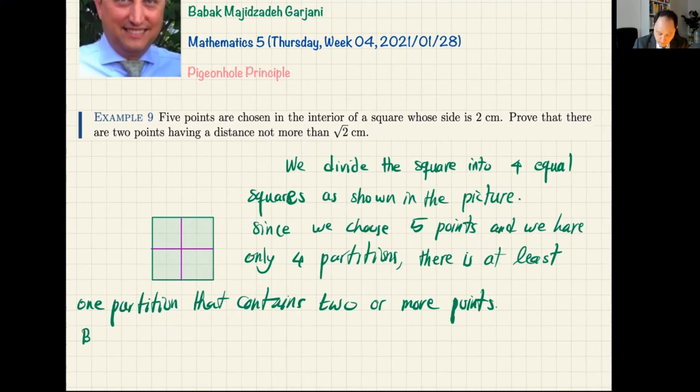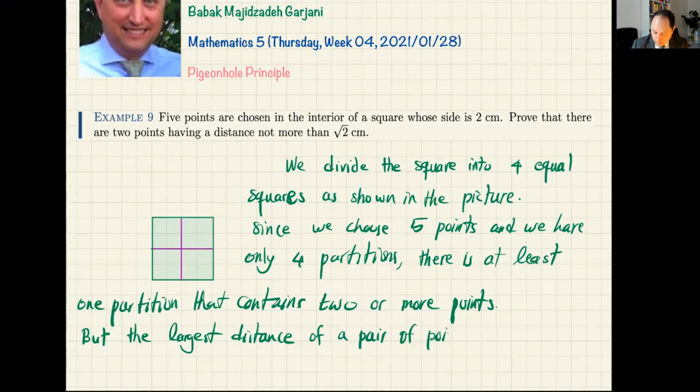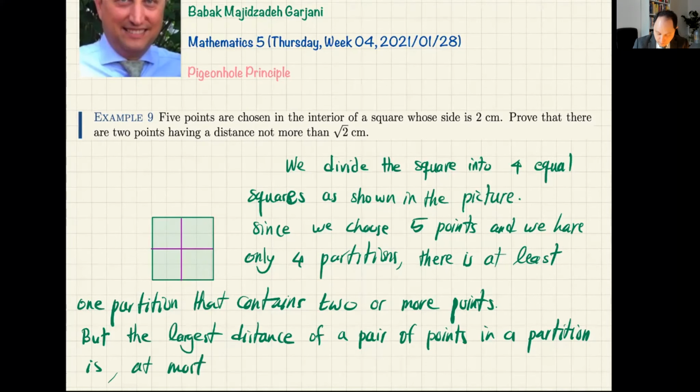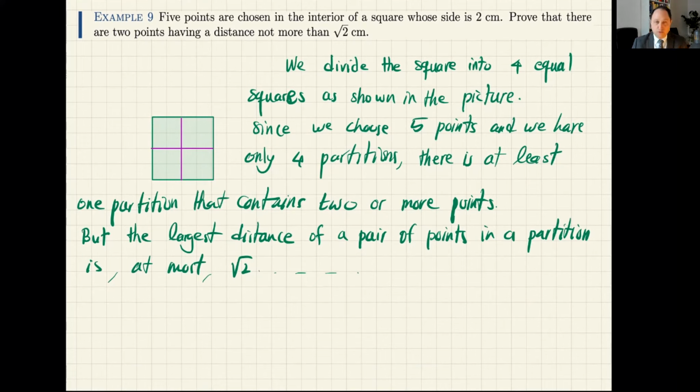But the largest distance of a pair of points in a partition is at most square root of 2, and then you can say by Pythagoras theorem, and then just 1 or 2 sentences.